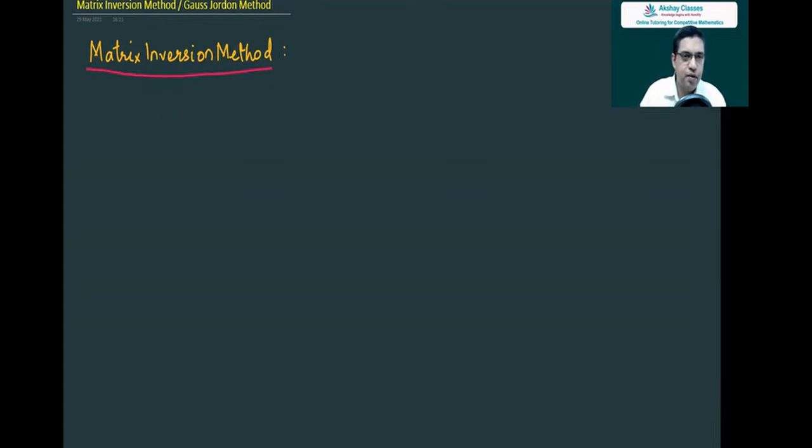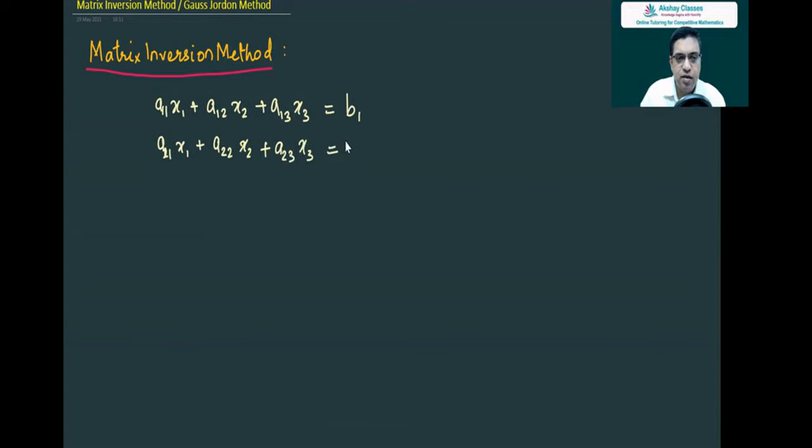If we remember, our set of simultaneous equations are a11 x1 plus a12 x2 plus a13 x3 equal to b1, a21 x1 plus a22 x2 plus a23 x3 is equal to b2, and a31 x1 plus a32 x2 plus a33 x3 is equal to b3.